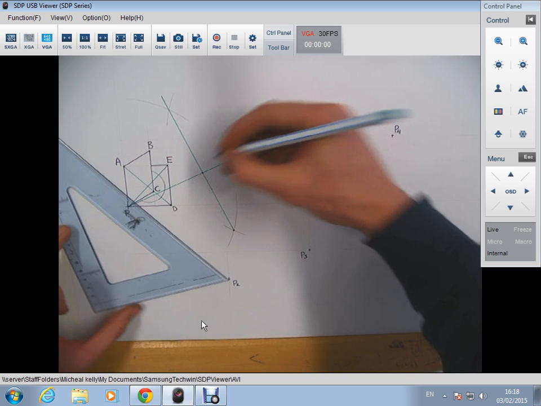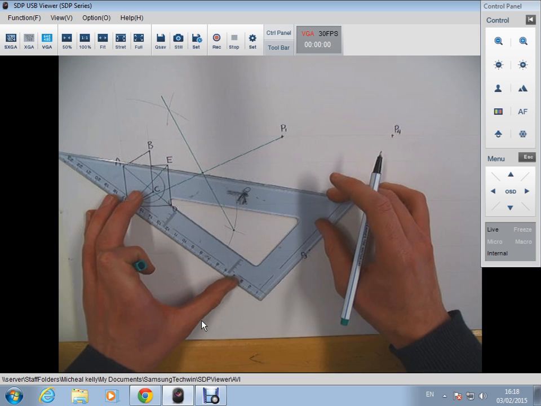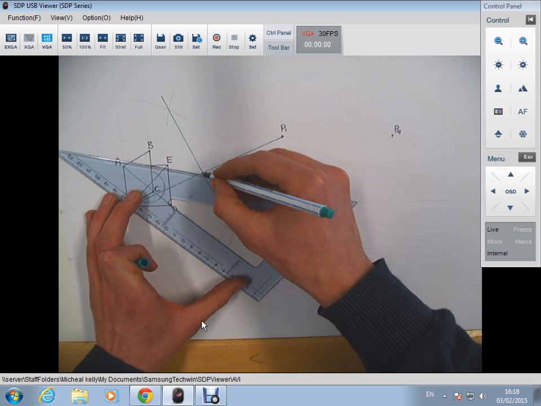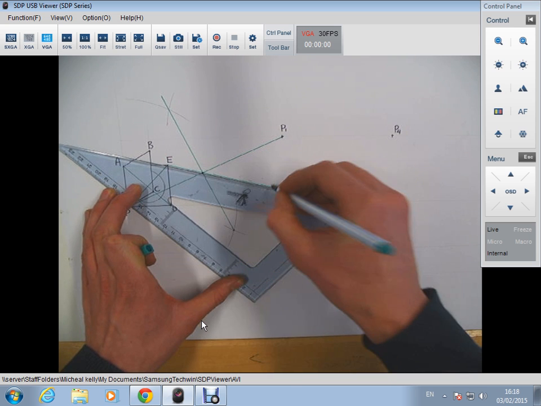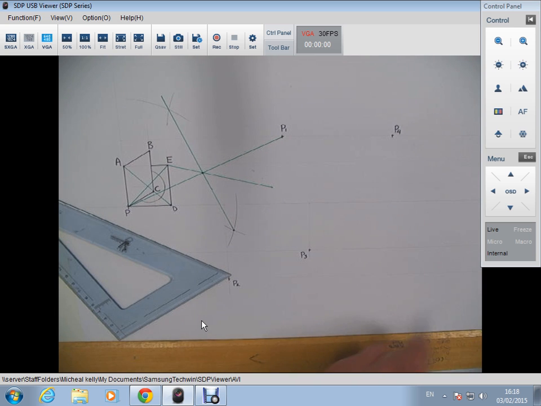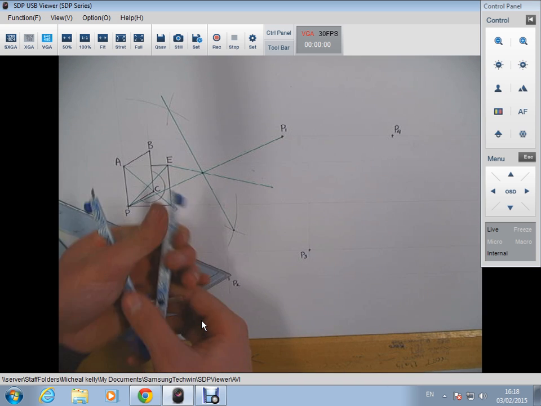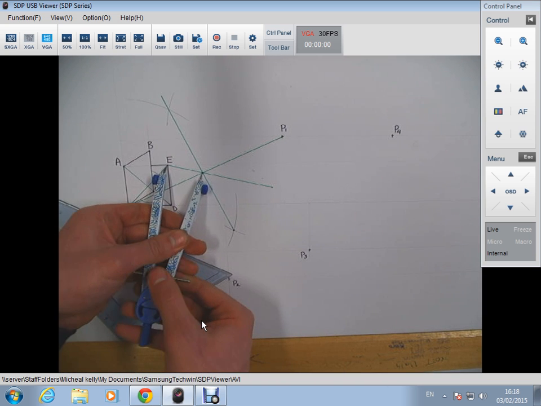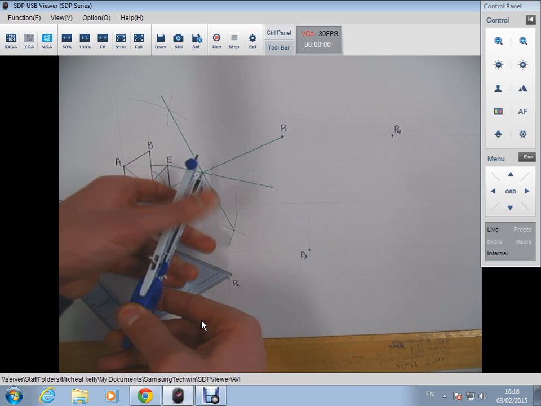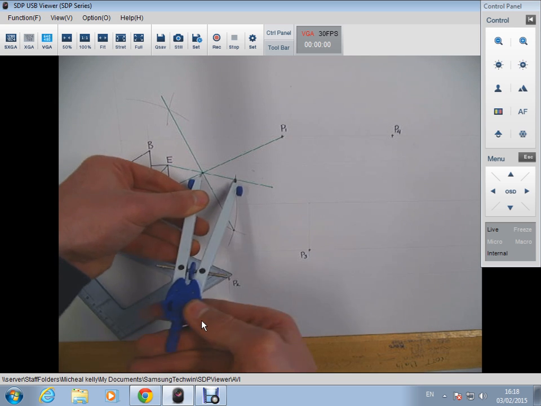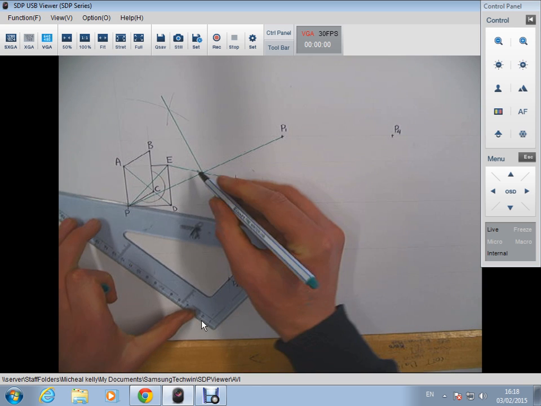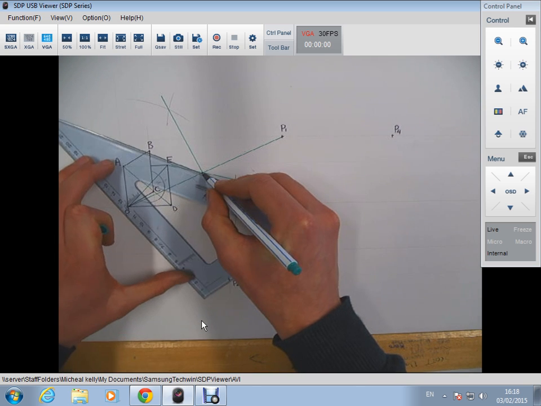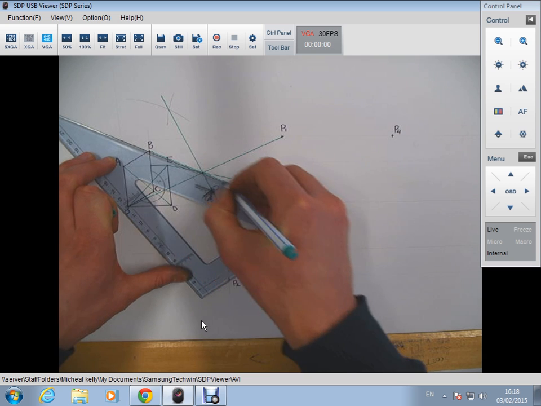Here it is. So starting off with point E, I'm going to join point E through the point of symmetry, and using my compass, I'm going to step the same distance on the opposite side of that line. So under central symmetry, point E will end up here, and it's the same for each of the remaining points. I'm going to join them through the point of symmetry and to the same distance on the opposite side of the line of the point.